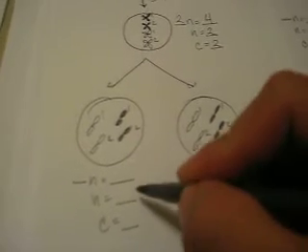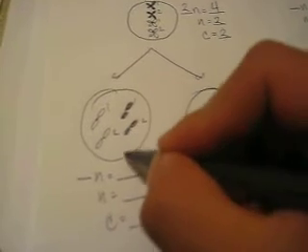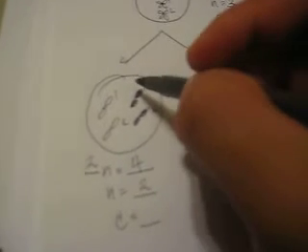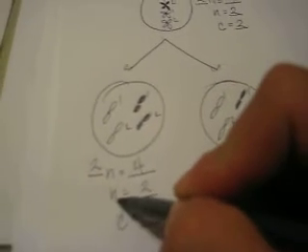So let's look at the 2 daughter cells. What's going to happen is you have 1, 2, 3, 4. So you have 4 chromosomes here, and you're going to be diploid still, because for the number 1s you have 2 kinds, and for the number 2s you have 2 kinds. And the N is going to be 4 divided by 2, or 2. N represents the kinds of chromosomes, not the sets.